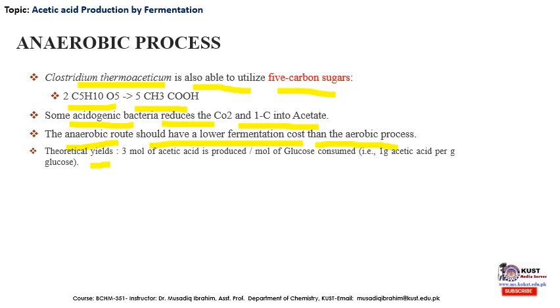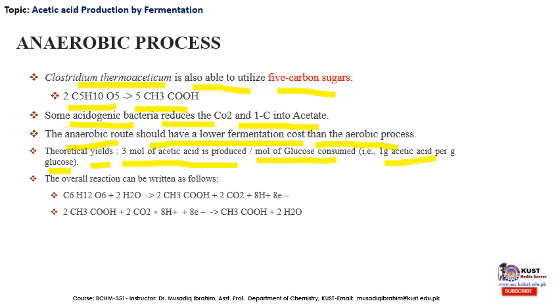Theoretical yields, based on calculations on paper: 3 moles of acetic acid are produced from 1 mole of glucose consumed. That is 1 gram of acetic acid is produced per gram of glucose. The overall reaction can be written as follows.